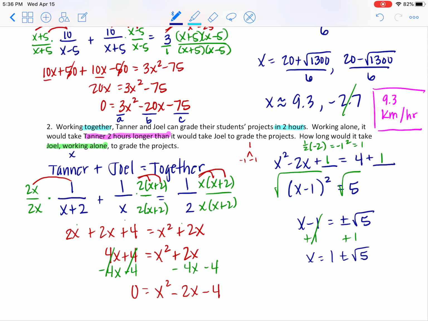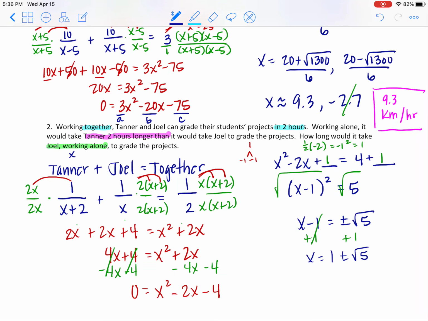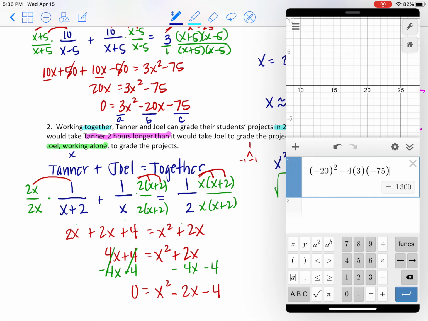So then x is equal to 1 plus or minus radical 5. And if we had no context, we would stop there, but however, we're looking for how long it takes Joel to grade these projects. So we're going to have to put this in the calculator. 1 plus a radical 5 and 1 minus a radical 5.